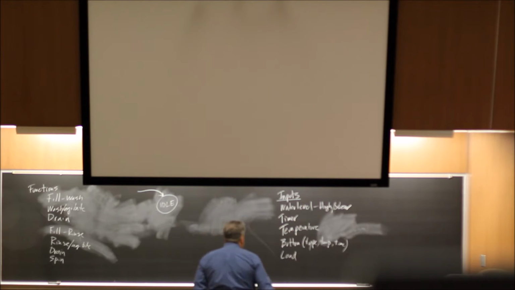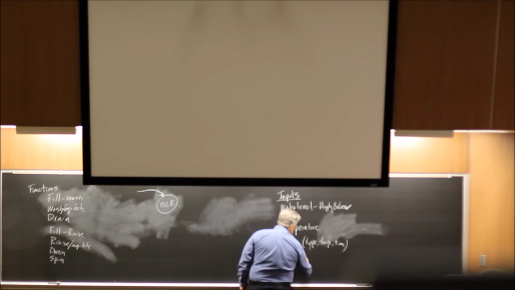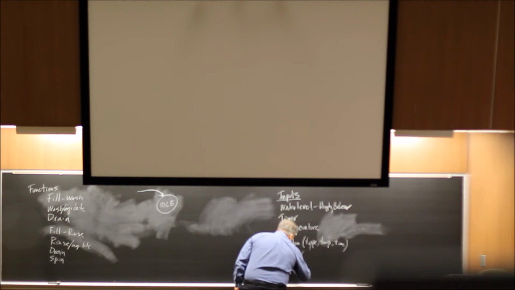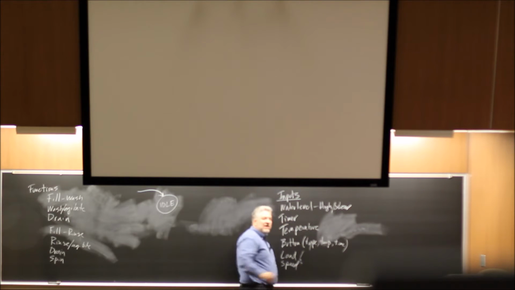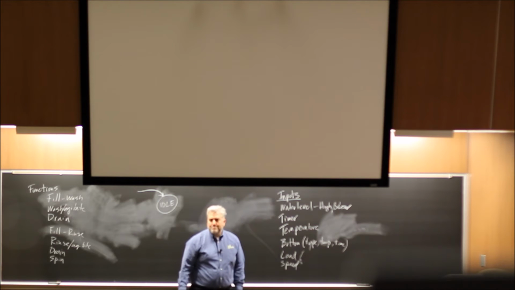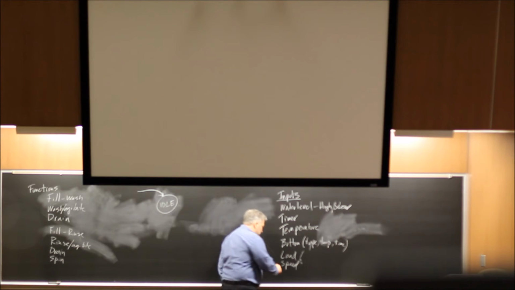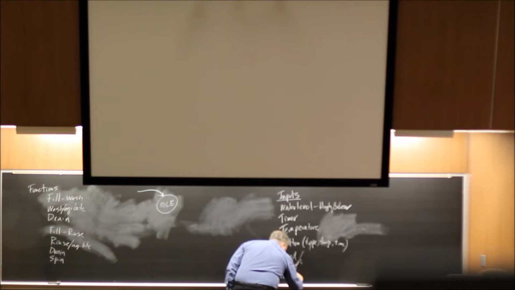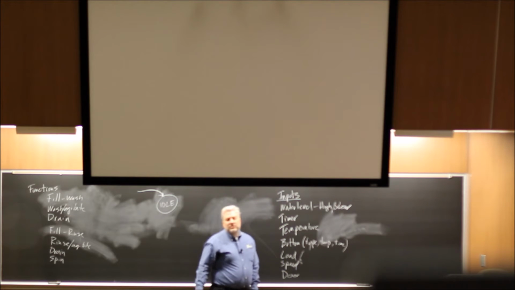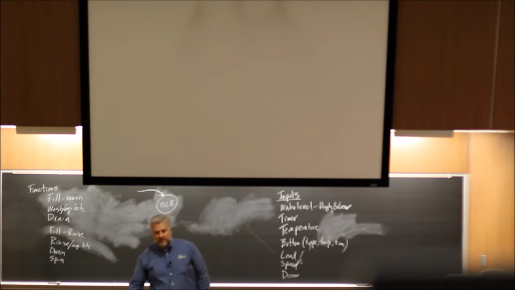So we'll also say, I'll make it a separate one, we'll call it speed. Ooh, this is starting to get complex, isn't it? Anything else? Oh, lid, door. Open or closed. All right, I think that's enough.